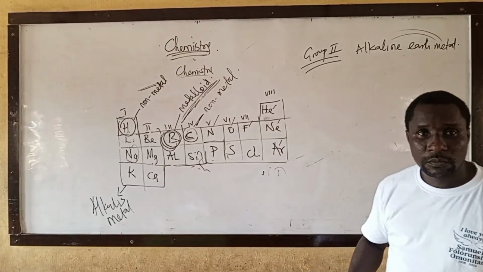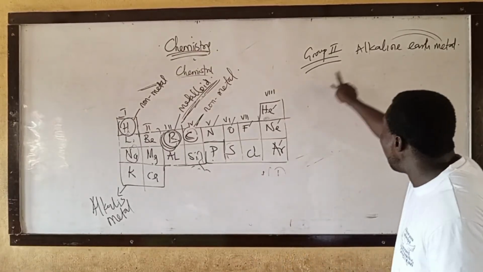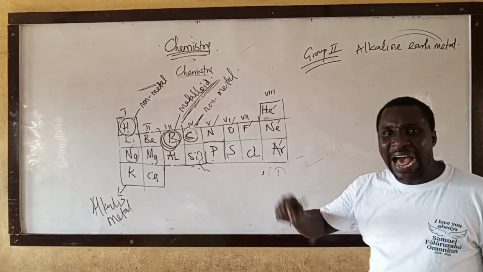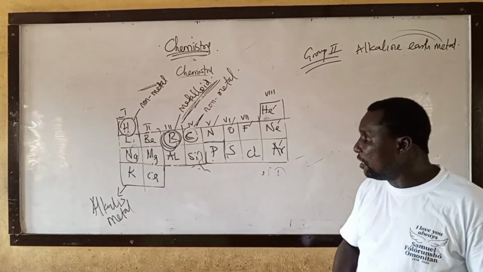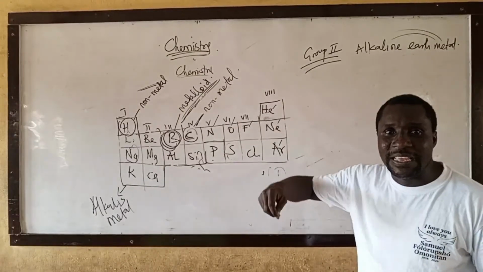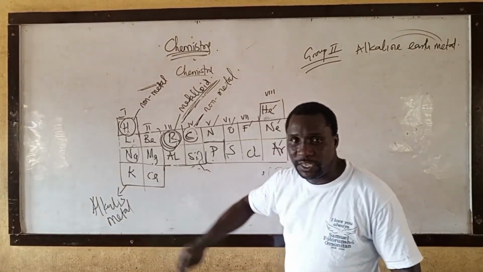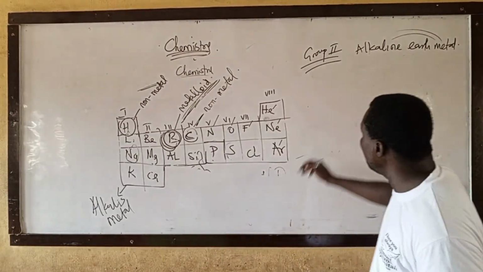Group 2, they are known as alkaline earth metal. They are abundant in the earth crust. The question said, which of the following metals is abundant in the earth crust? The answer, calcium, was there.